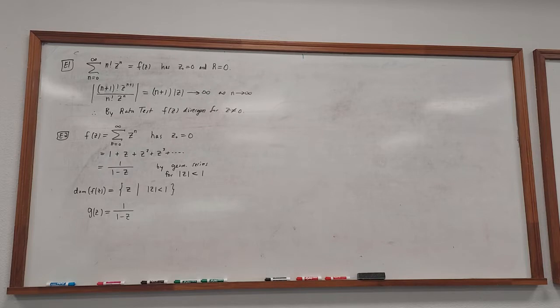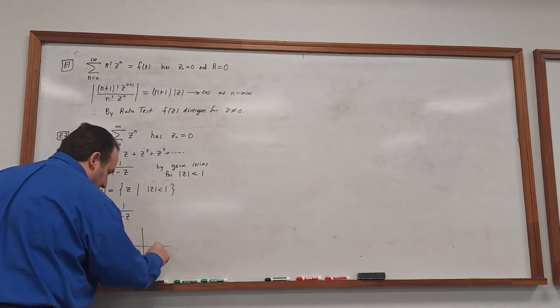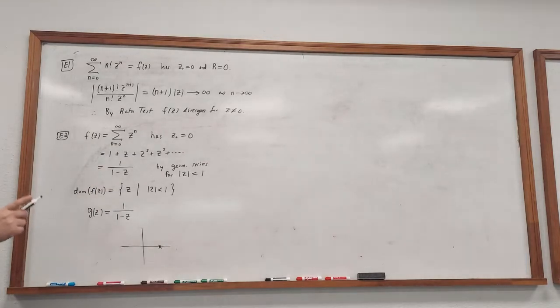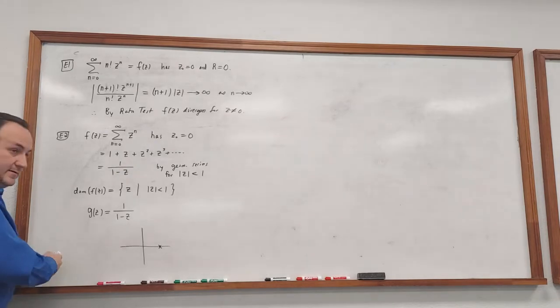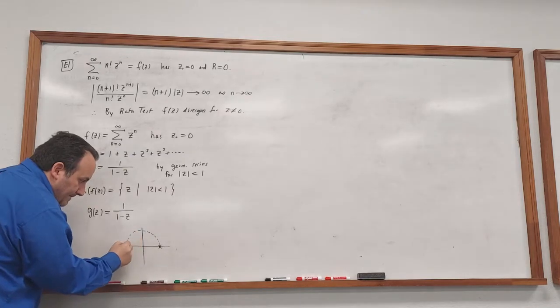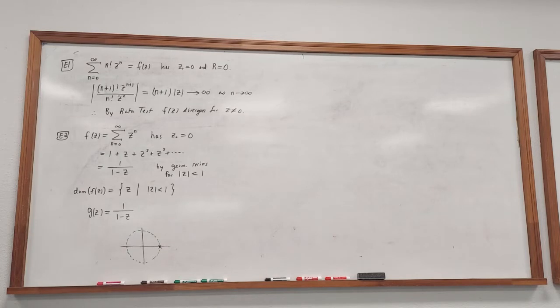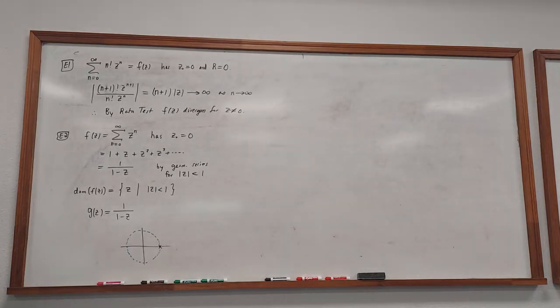So if we draw a picture, the trouble spot here is at 1. That means that if I write a power series representation for this function and I center it at 0, then I can't get past that point of divergence. I'm stuck. That's as big as I'm going to be able to get, a radius of 1, if I center at 0. And of course, that's what we see right here.